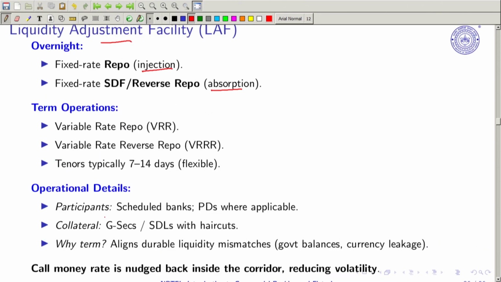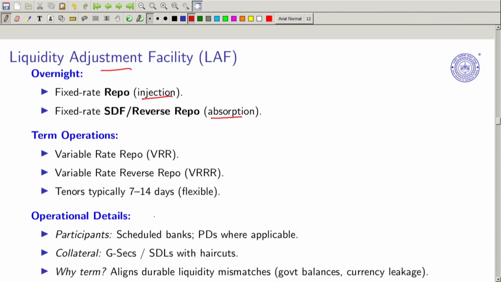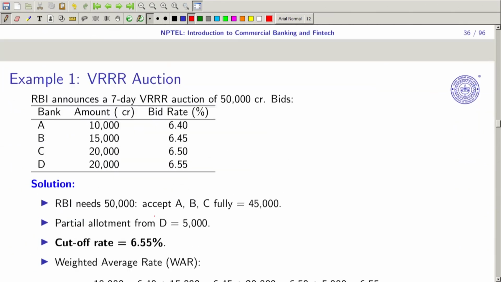Participants are mostly the scheduled commercial banks, and the primary dealers are also allowed. Collaterals are mostly G-Secs and SDLs, with SDLs only with a haircut, which means a marginal cut would be applied. So, this is what the liquidity adjustment facility looks like.